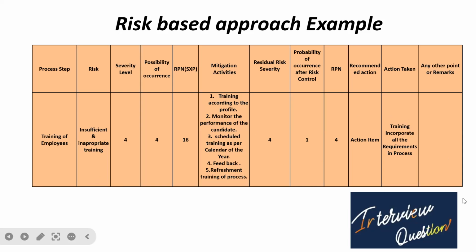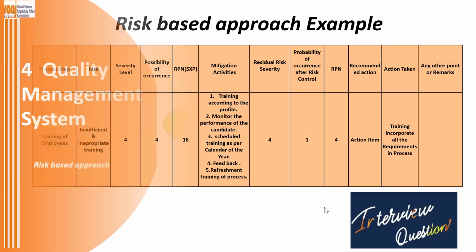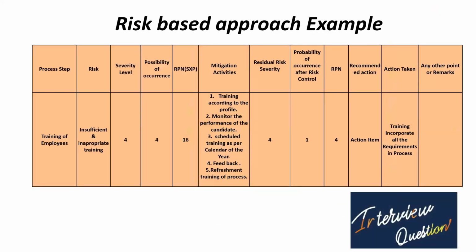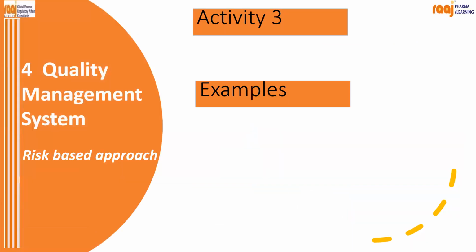Make a nice Excel sheet, and present it during your stage 2 audit. So for all processes, we have to submit. I'm considering only one example. Like production, quality control, like that we have to select all different processes.